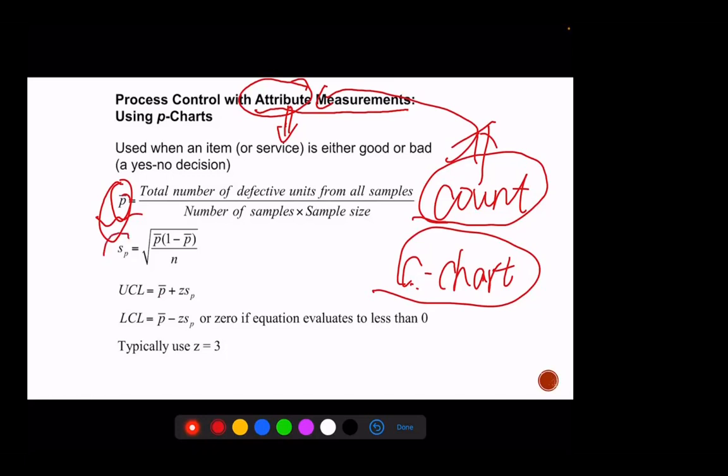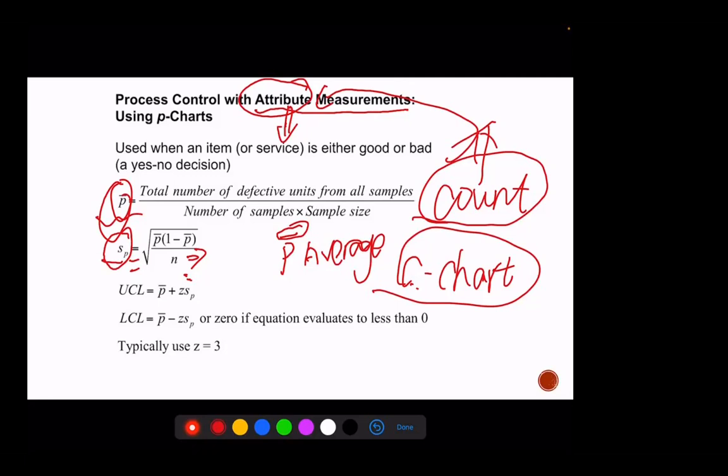And then you need to calculate the SP. So SP equals the square root of P bar times 1 minus P bar divided by n. Whenever we have a symbol with a short line above it, it means the average. And n here is the sample size, not the number of samples you have, okay?